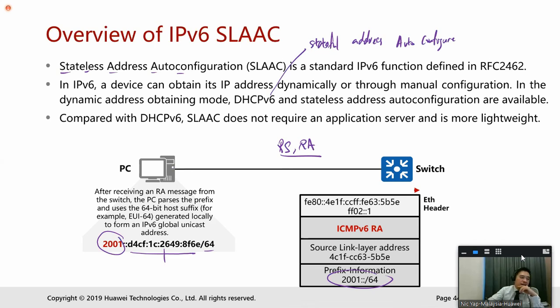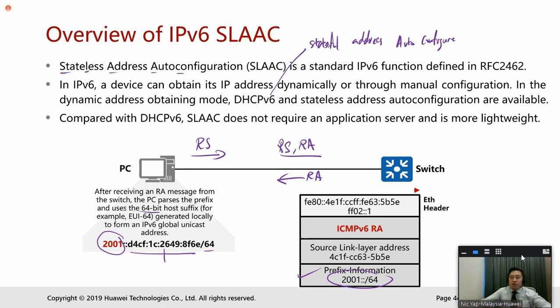So in this case, I will send the RS first. I will say, hey, I'm the host. I need to check for any routers in my link layer. Let's say yes, I will send you the RA with this information, with the prefix information. When I grab the prefix, I'm going to generate my address, my interface ID, myself using EUI-64.